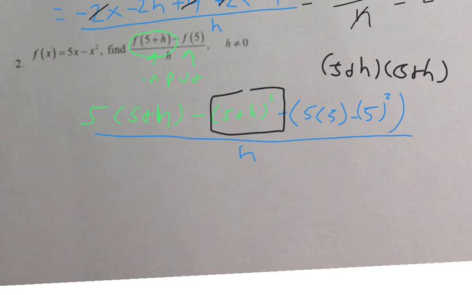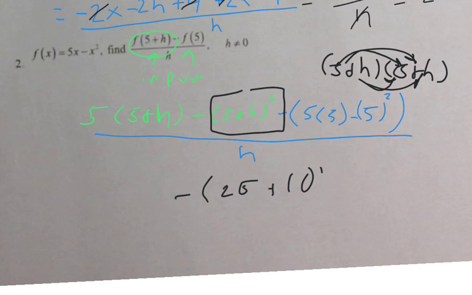And when we solve that out, we get 25 plus 5h plus 5h right here, which would be 10h, plus h squared.